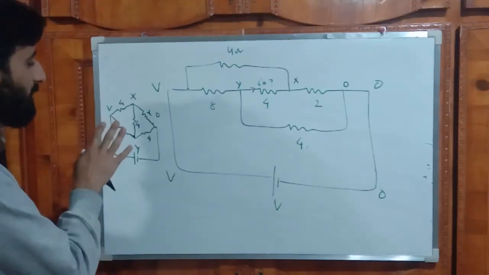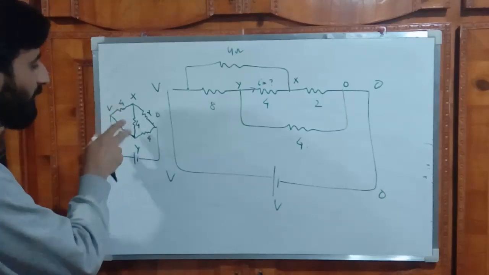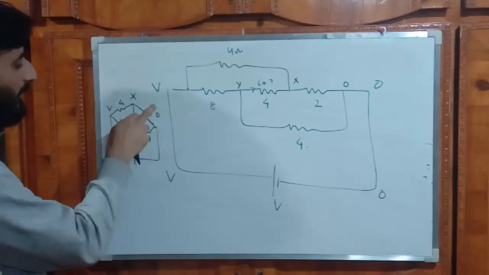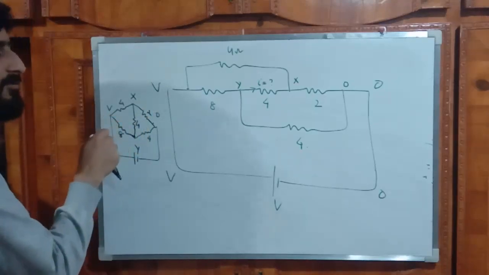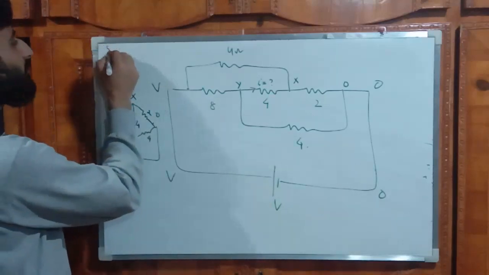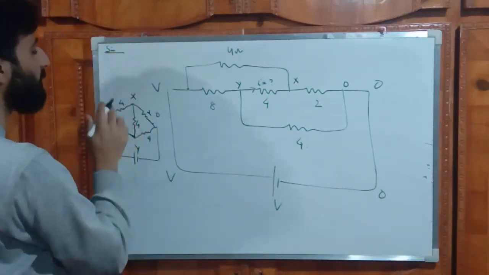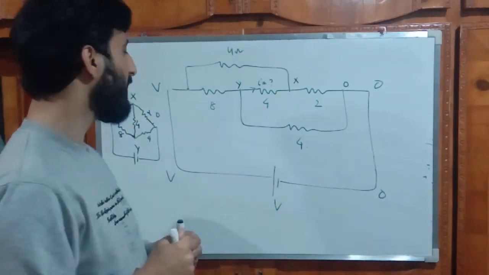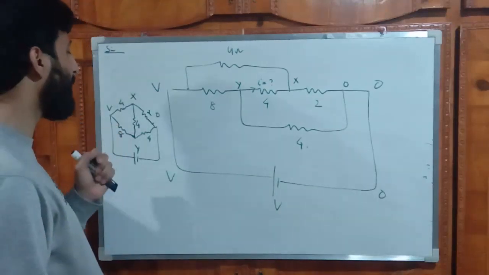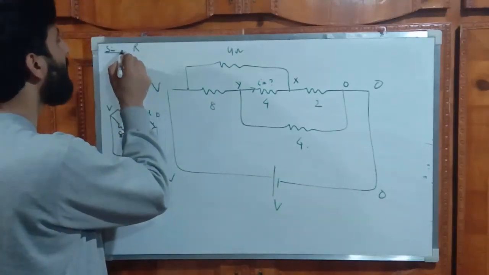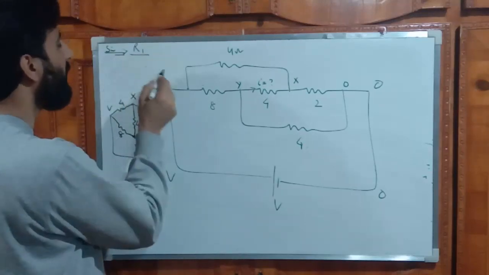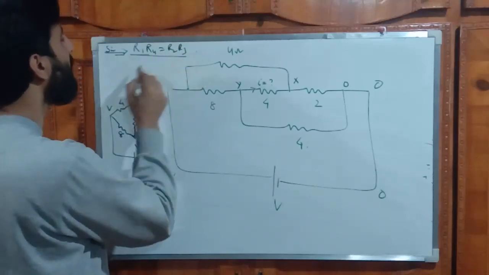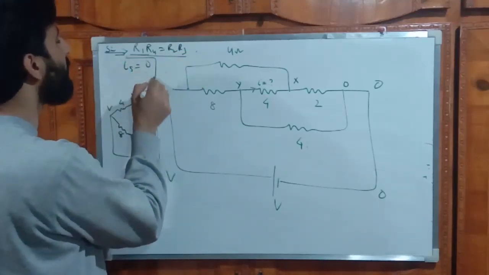Now let's see the balancing condition in this Wheatstone bridge. So 4 into 4 is 16 and 8 into 2 is 16. So this is satisfying the condition. Since these values are the same, this circuit follows the condition that R1 R4 equals R2 R3, so the current through the bridging resistor will be 0.